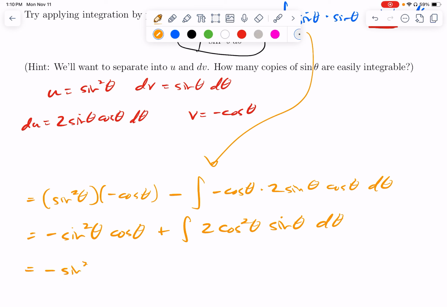This part stays the same. And now here, if I had cosine cubed of theta, I took the derivative of that, the 3 would come in front and I'd have 3 copies of it. I don't want 3, I want 2, so I have to multiply by 2/3. Then by the chain rule, the derivative of the inner function, the derivative of cosine, would be negative sine. I have positive sine, so let's just fix that negative.